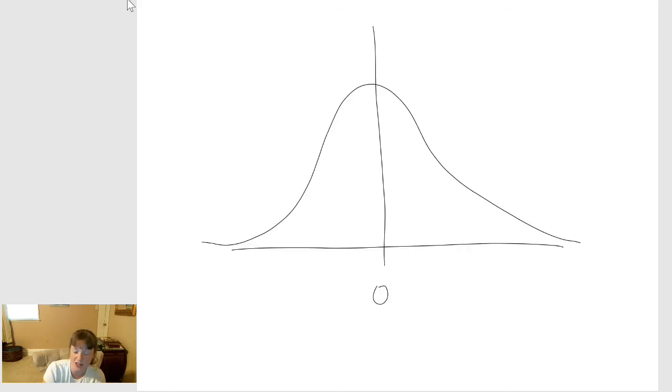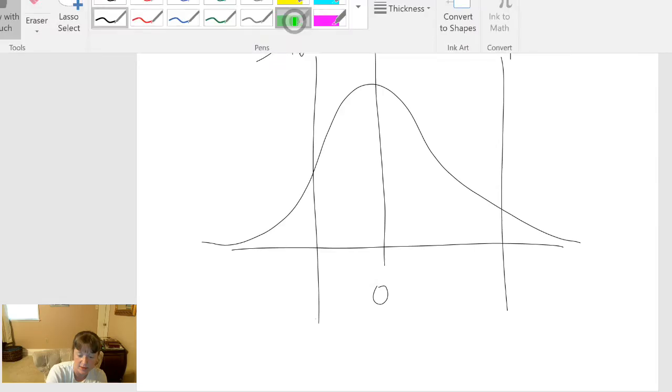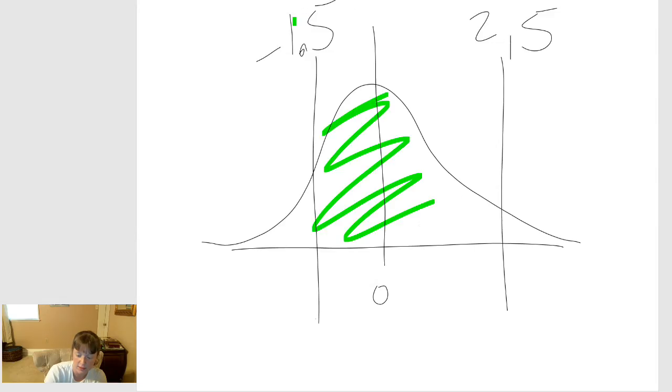The average of a bunch of z-scores is 0. Negative 1.5 would be somewhere here. Positive 2.5 would be somewhere here. And I ask about who's in here.